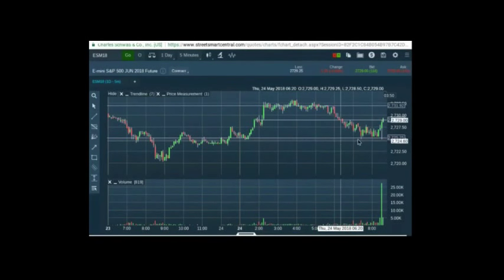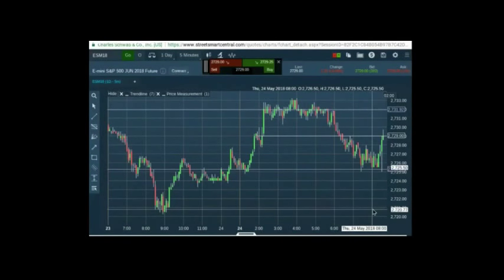A lot of times we do try to get the meat of the move. If you're right on a trade, I think the problem this morning is our ranges are very, very tight, and you can see how quickly it can move from top to bottom. When the range is tight, for lack of better words, you just want to scalp.